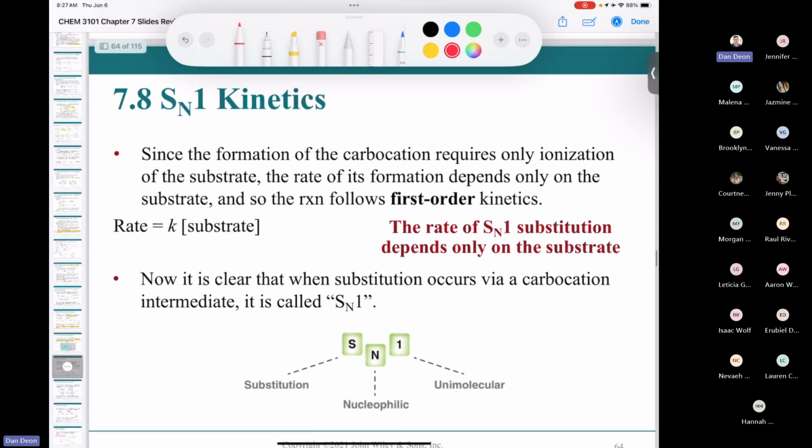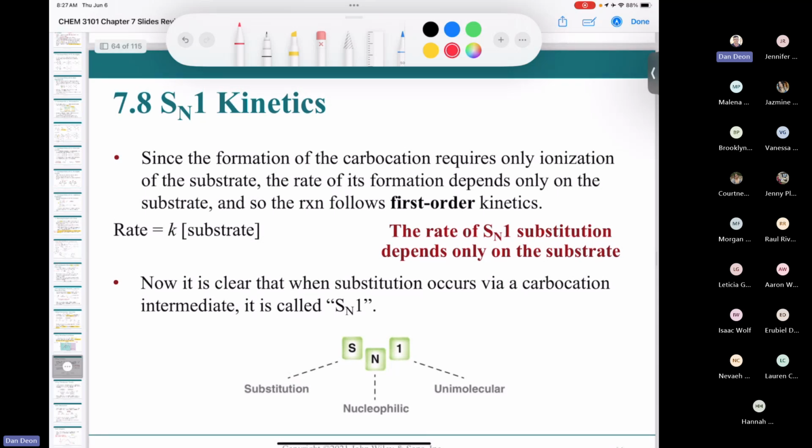Okay, so let's talk about this SN1 reaction. I've gone over this already. I told you that the rate is equal to the rate constant multiplied by the concentration of the substrate, so it's first order kinetics. When substitution occurs via a carbocation intermediate, it's called an SN1. How do we know that it's first order? There's a question in the textbook asking how you would actually determine that.